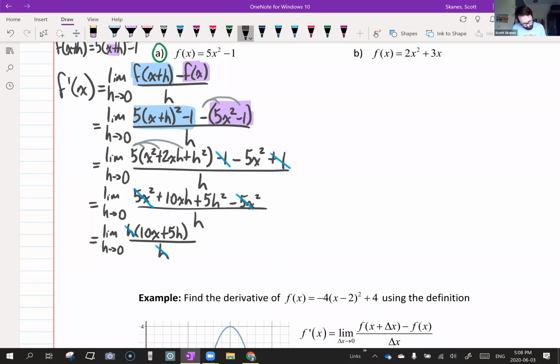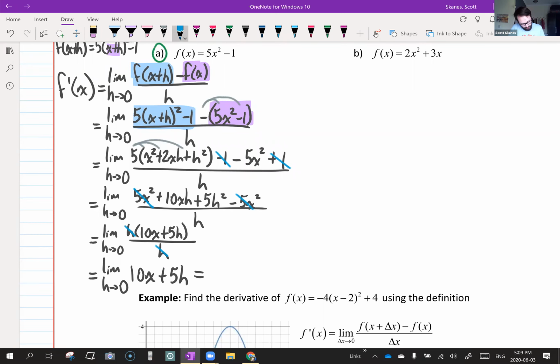Okay, it's getting smaller. I must not have made a mistake. If it's not getting smaller, if your final answer is crazy, you've done it wrong. Because if your final answer is nice and small and clean, you've done it right. That's the whole point. The derivative always makes an easier function. So this is 10x plus 5h.